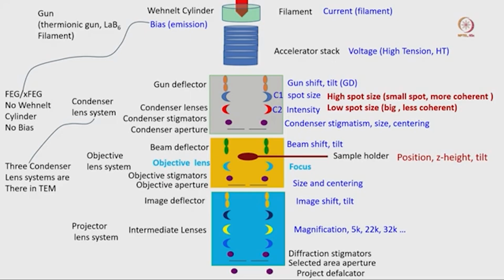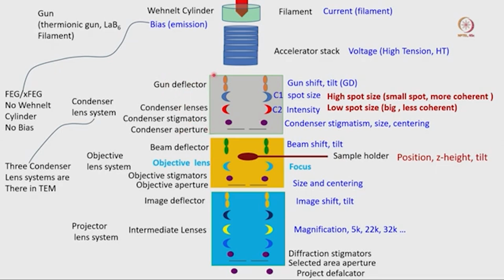So now you are very familiar with the gun deflector. I mentioned that each and every lens has different types of deflector. Whenever we talk about the gun condenser lens, it is because electron beams are coming from the gun. Now you can see a deflector is there, a stigmator is there, an aperture is there.